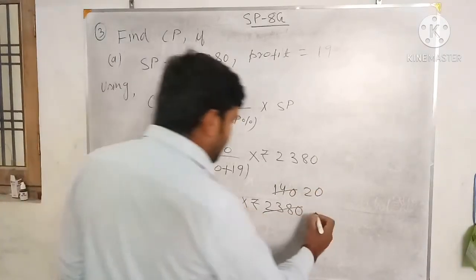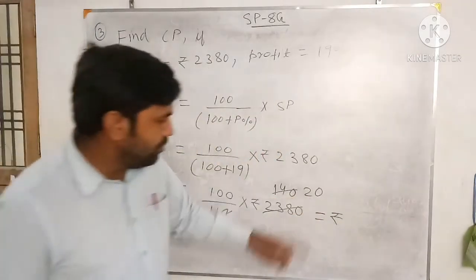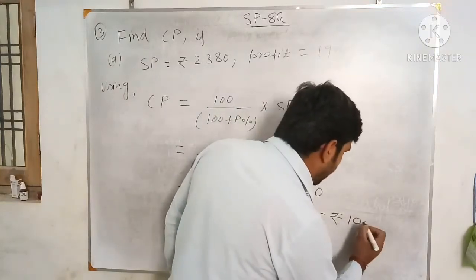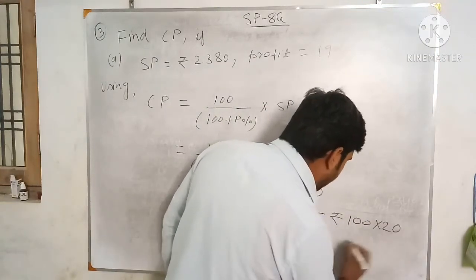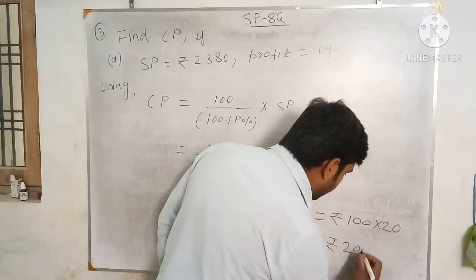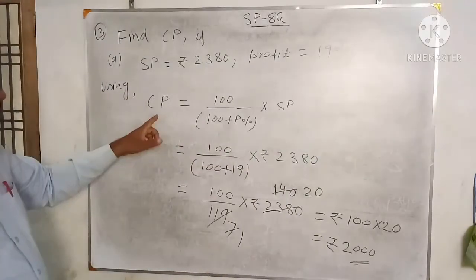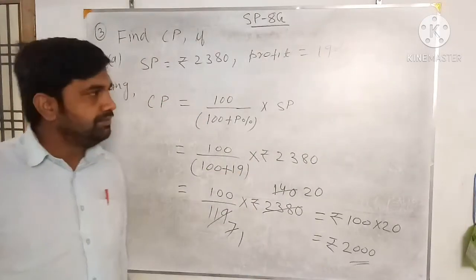So what you got? 100 into 20, rupees 100 multiplied by 20, which gives 2000. So the cost price of the article is 2000.